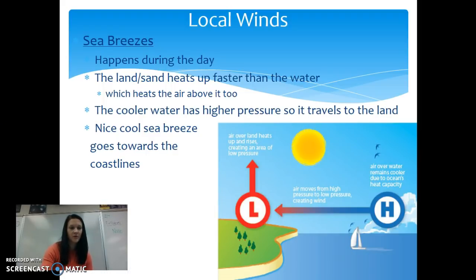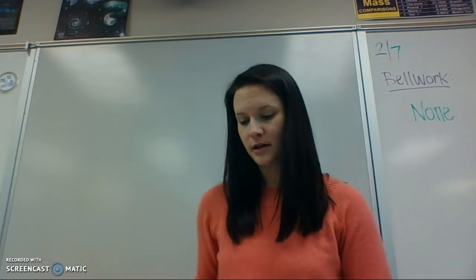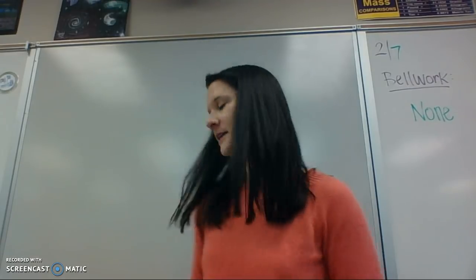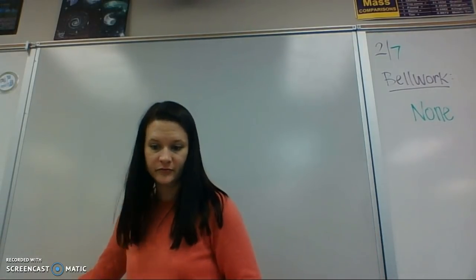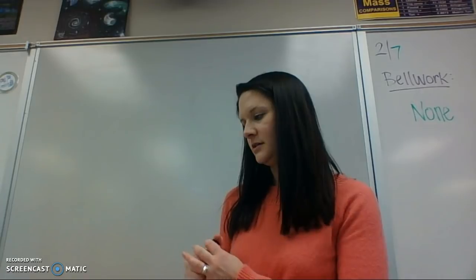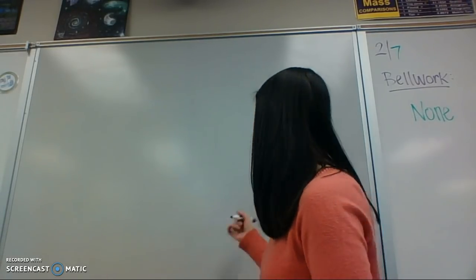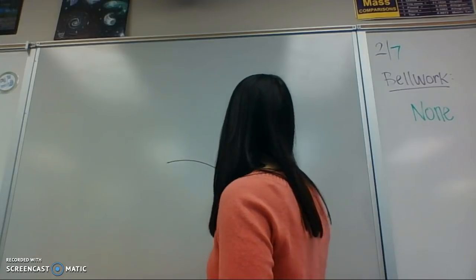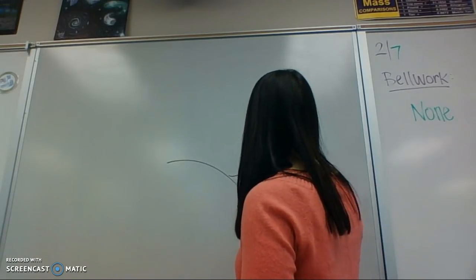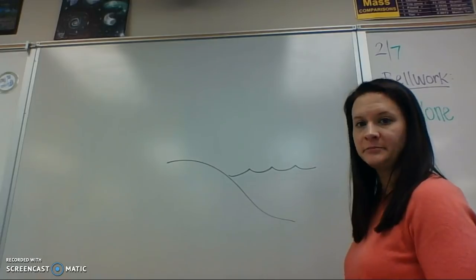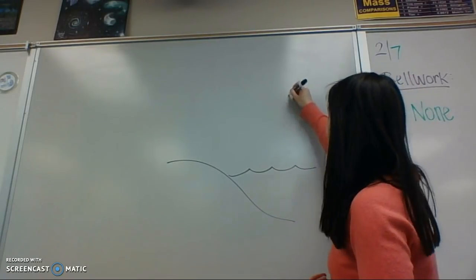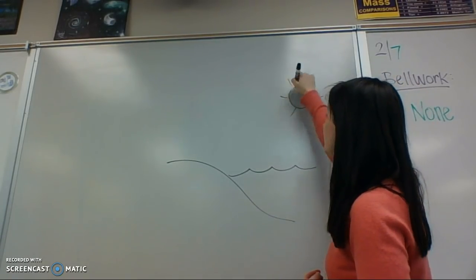Okay, so to demonstrate that, I'm going to have you draw a picture in your notes in the space that I provided for you, just to remind you of what a sea breeze does. So you have your coastline, and this is the sun because it's daytime.